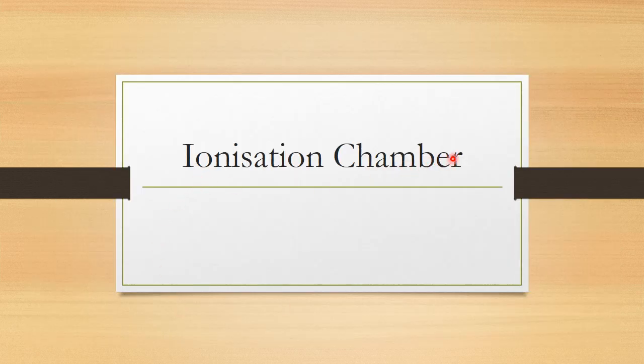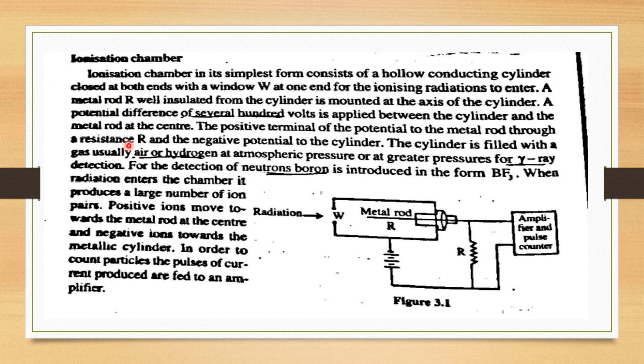Next, our first topic is the ionization chamber. It is the simplest form, consisting of a hollow conducting cylinder closed at both ends with a window W at one end for the ionizing radiation to enter.